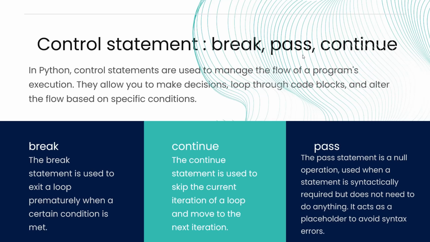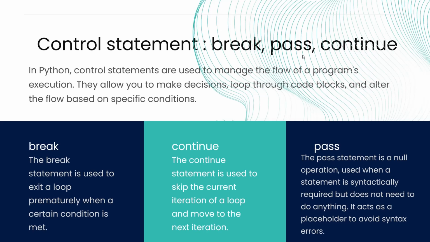You do not have to go until the last one. If you got your answer, if you got your condition, then you can come out of that loop. For that situation you can make use of the break statement.